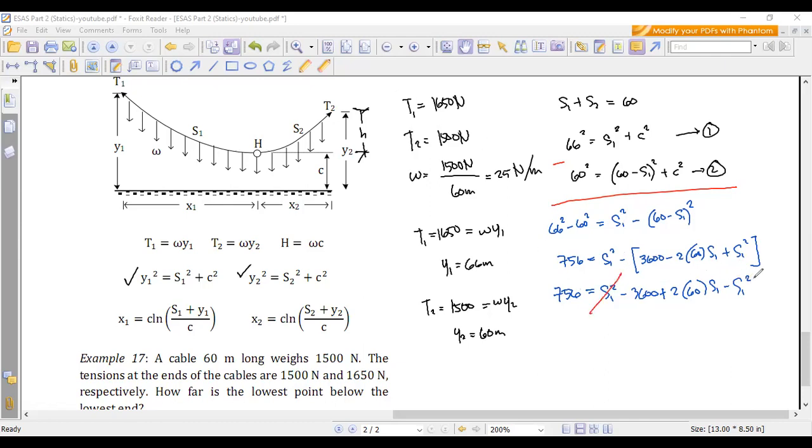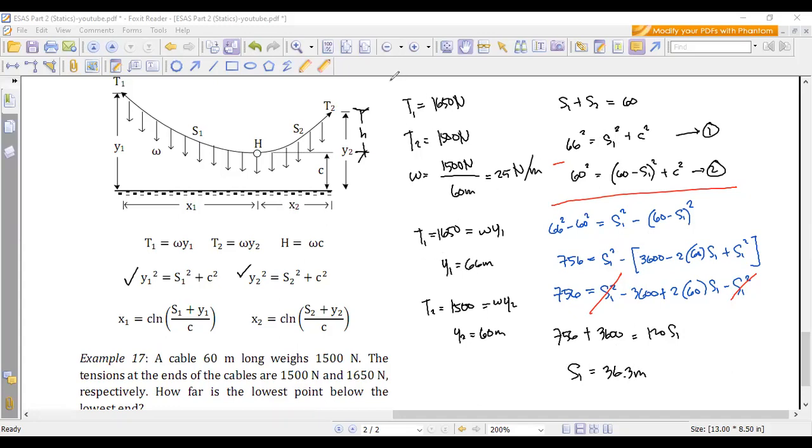We can cancel out S1 squared, as you can see. So this gives us the value for S1: 756 plus 3,600 is equivalent to 120 S1, giving us S1 to be 36.3 meters.